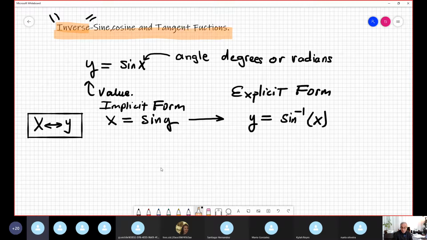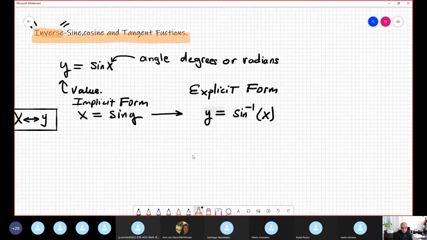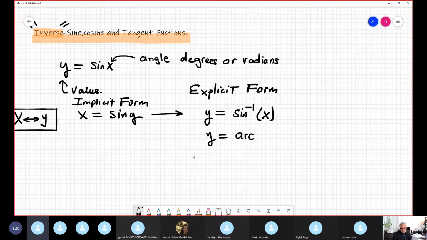Okay. Well, this is one way. In the history of mathematics, there are different versions of the name. This is the more recent way. However, we have another, antique way to represent the inverse function: y equals arc sine of x.